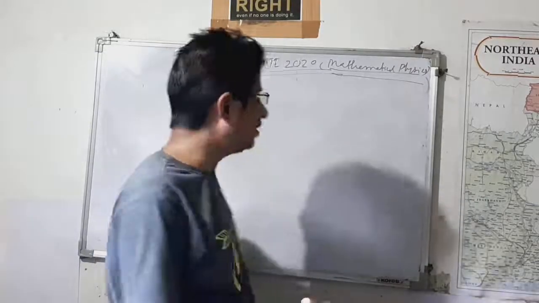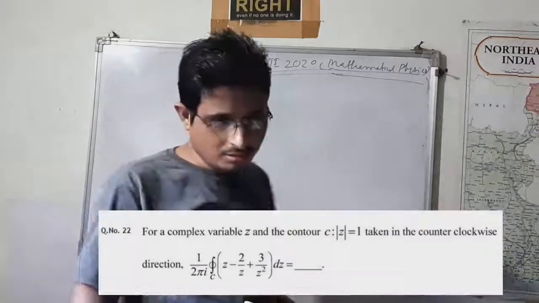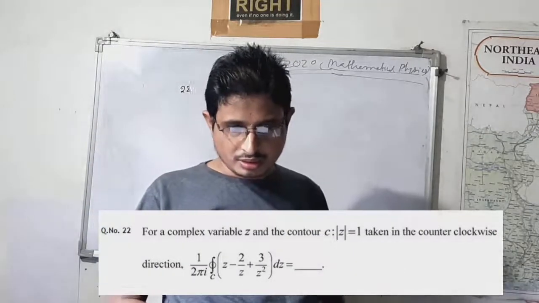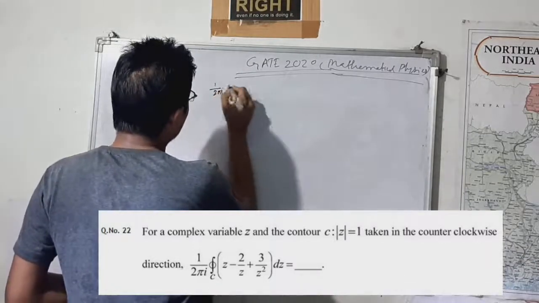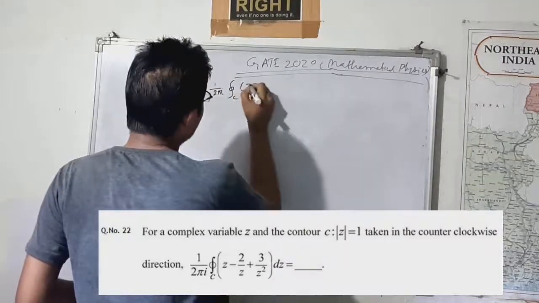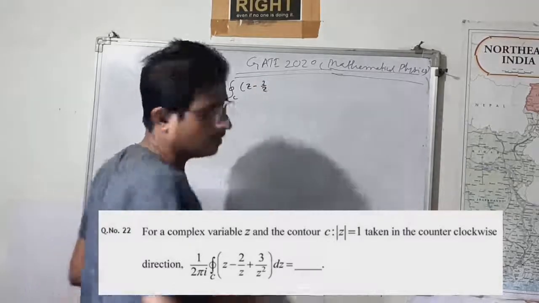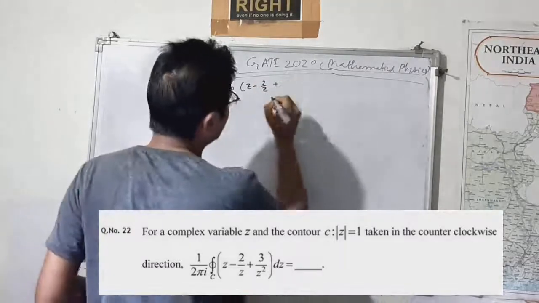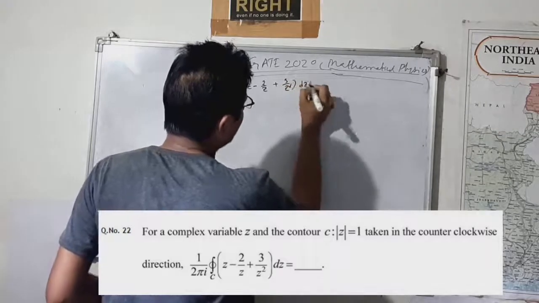Now question number 22. Here you have to find the value of this integration, of (z minus 2 by z plus 3 by z square) dz.